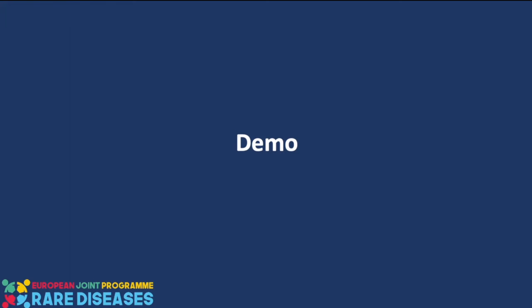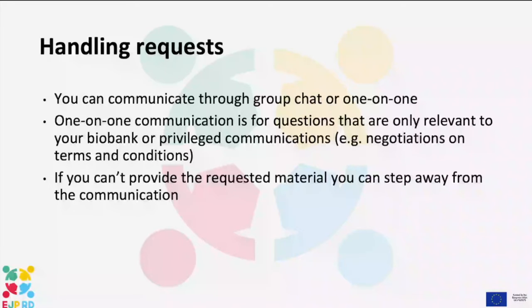Now going back to the presentation. So you now have seen how a researcher can search and file a request. So if you're a biobank and you have to handle a request in the negotiator, you have the group chat and one-on-one chat that you can use to communicate with the requester.